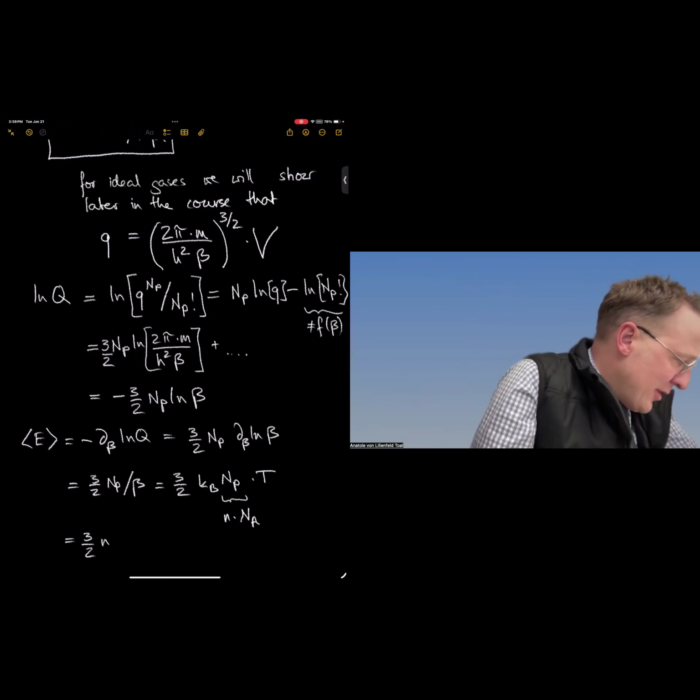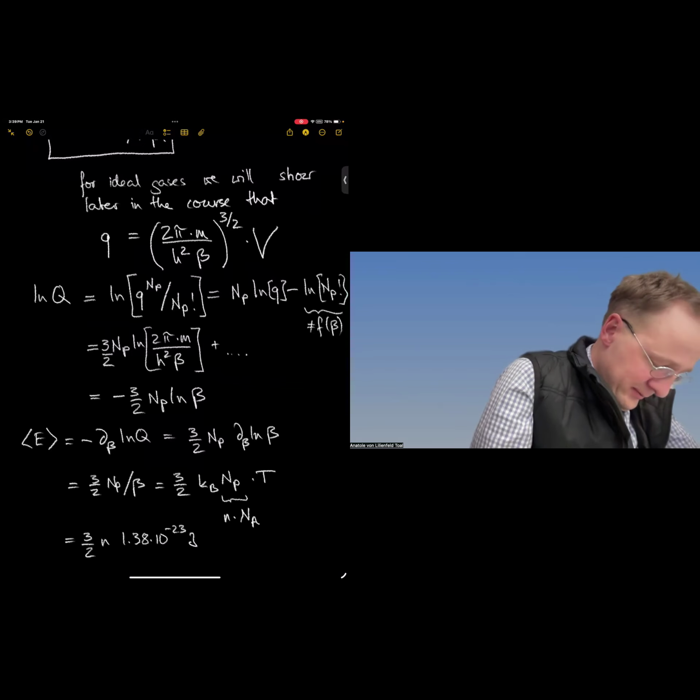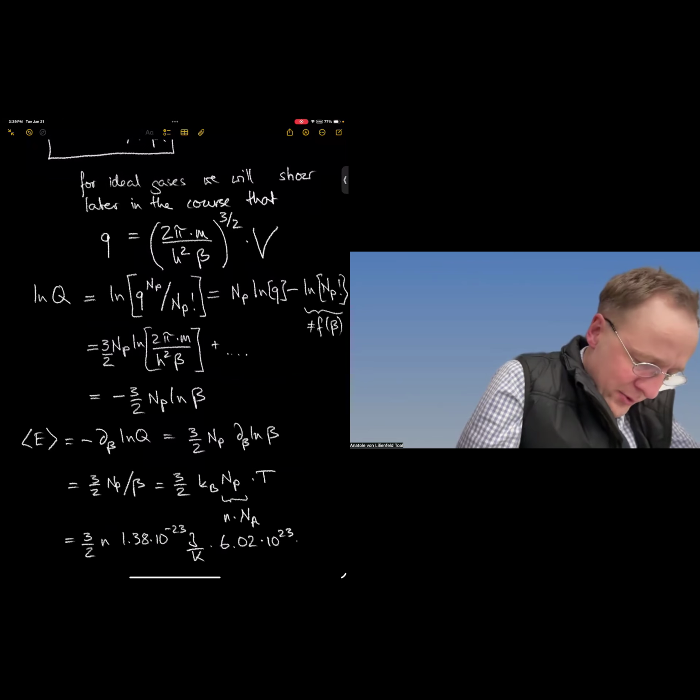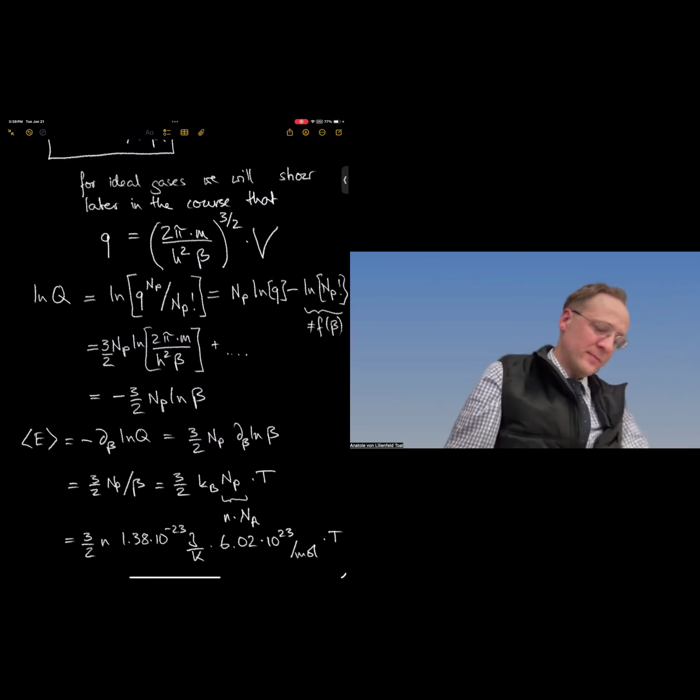And now let's put in my Boltzmann constant, 1.38 times 10 to the minus 23 joules per Kelvin times 6.02 times 10 to the 23 per mole times T.